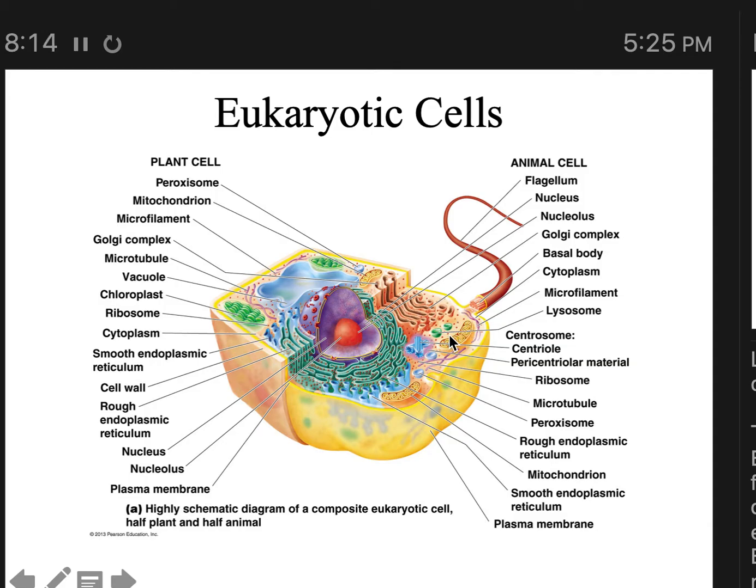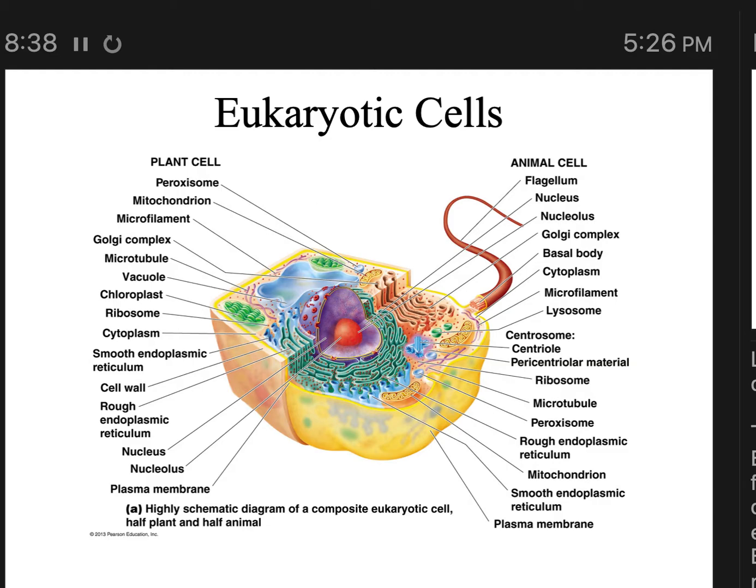There's also some ribosomes just floating around in the cytoplasm. So remember, prokaryotes had ribosomes too. These are the protein building factories. They read genetic material and they produce protein from the genetic blueprint. Now, prokaryotes also have ribosomes, but there are some differences. Prokaryotes have different and much smaller ribosomes than eukaryotes.